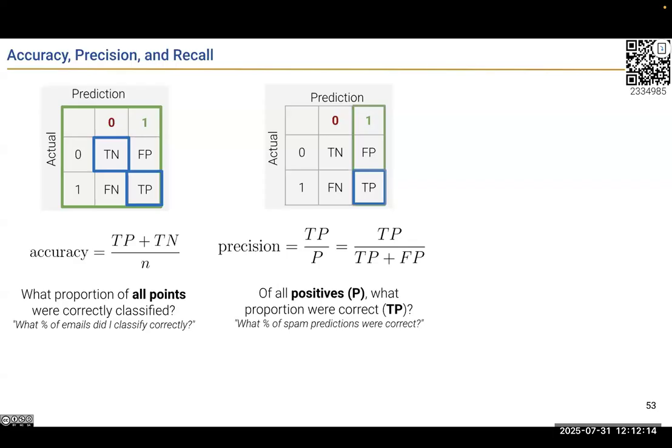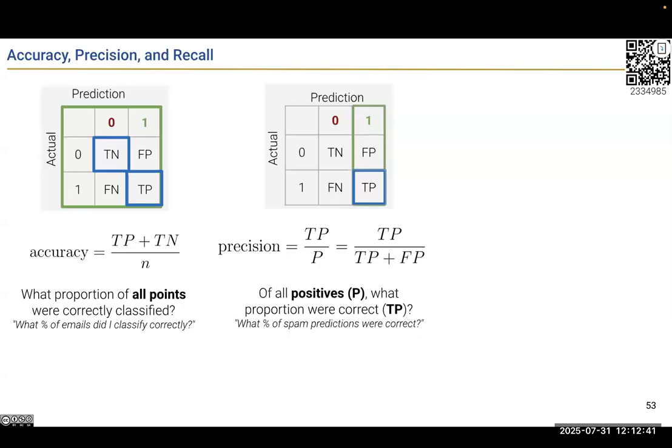So the second metric we introduce is called precision. Precision is defined as the number of true positive predictions over the total number of positive predictions. Out of all of the ones you predict are ones, what is the proportion that is correct?